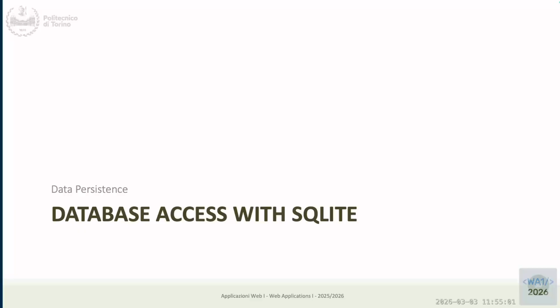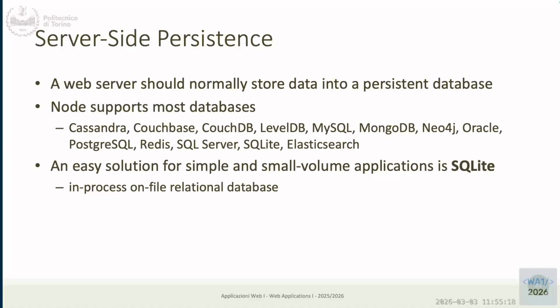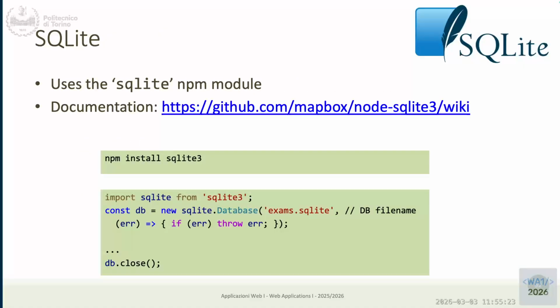To make it simple in our architecture, since we don't want to spend too much time or complexity on the server side, we just show the simplest solution that we have for managing a database, which is the SQLite library. I don't know if you already know it. SQLite is not a real database management system.